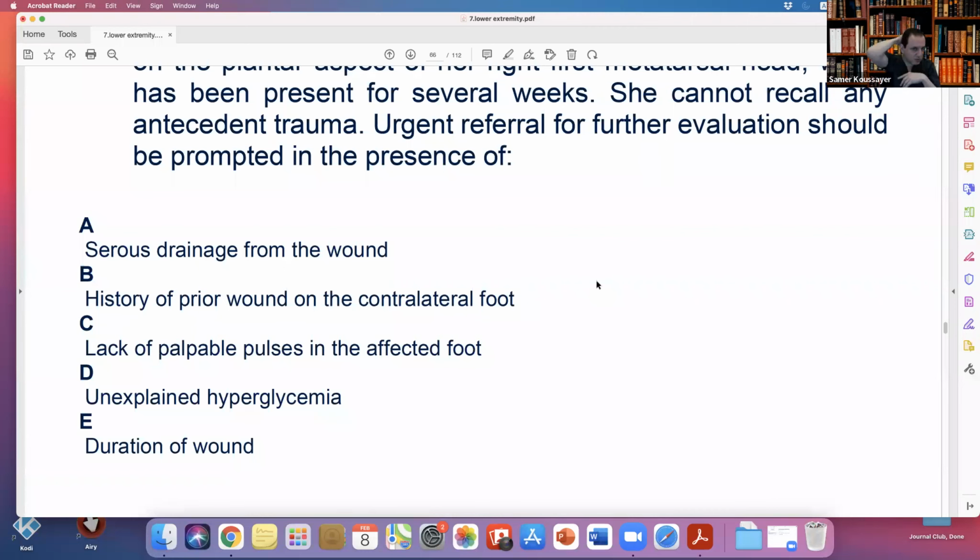I think this is the whole idea of this question. You agree with that? Yes, doctor. I think the urgency in this case is the infection. Yeah, it's not a very good question, and sometimes questions are tricky, but this is what they want to say.